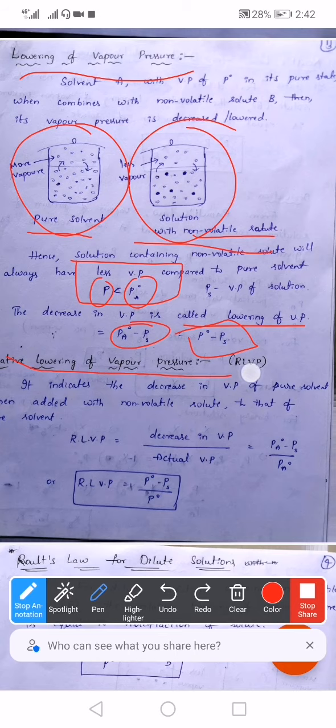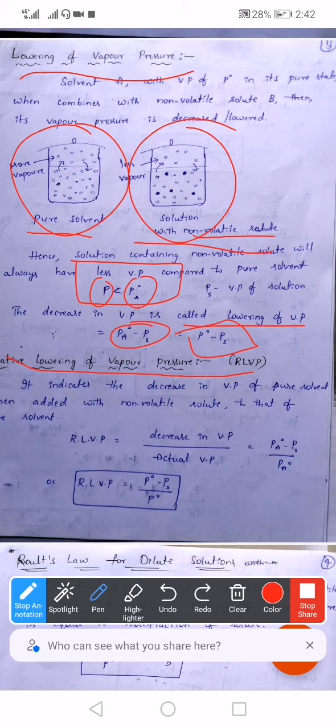So this is regarding the lowering of vapor pressure. Next we are going to learn about relative lowering of vapor pressure. What is relative lowering of vapor pressure? By the term itself, it compares how much the vapor pressure is decreased relative to something. That means we are relating it. So how much has the vapor pressure decreased compared to the original vapor pressure which we observed for the pure solvent?